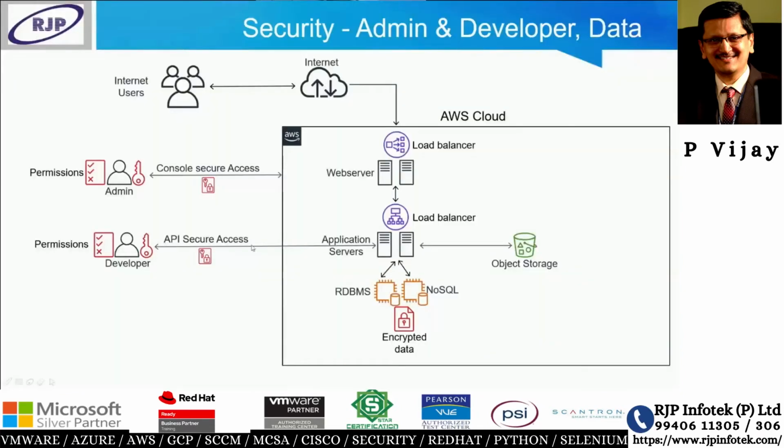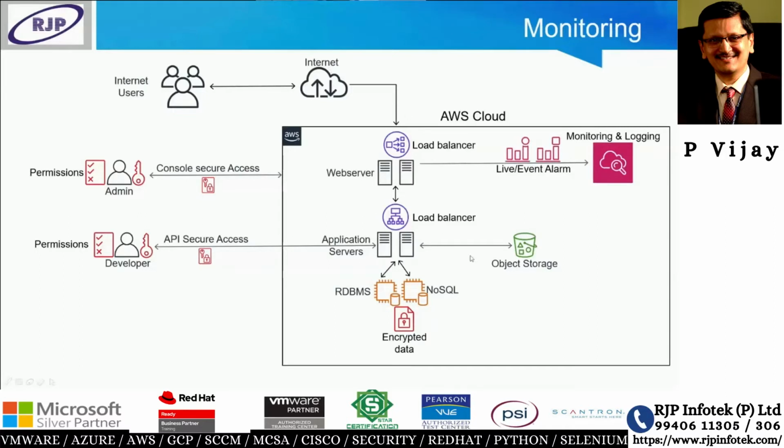This developer will be assigned programmatic access by me. So the developer would be able to access the servers directly because I've got a dedicated connection from my office to the private cloud, which is called AWS Direct Connect, and he's able to securely access and do whatever he wants, deploy the new applications on the application servers. Okay.